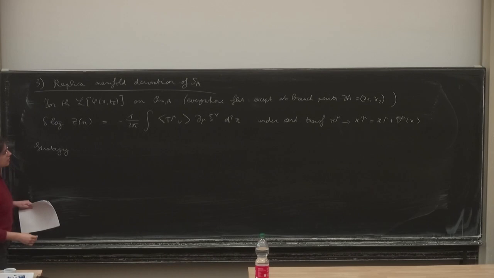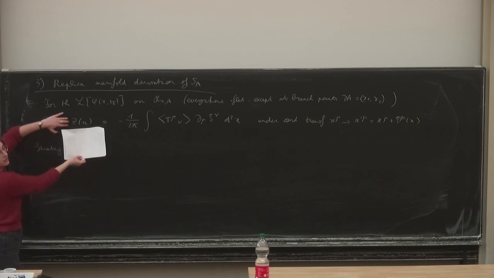Okay, so why is this the starting point? Because if you remember, what I want to calculate is this Z of n.